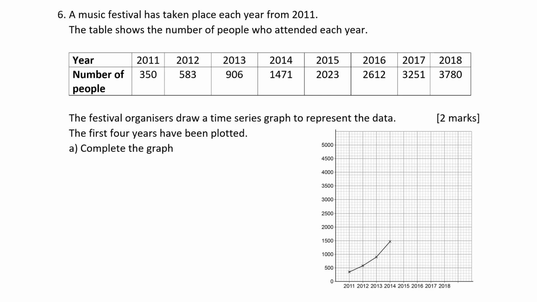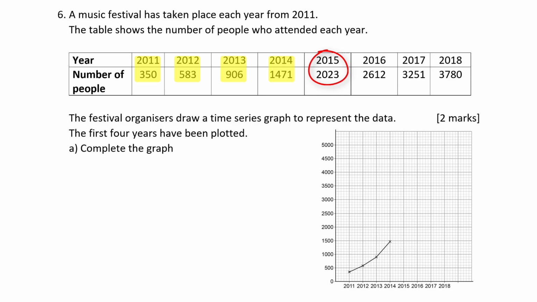Okay, what are the questions? Oh, complete the graph. Okay, so we've got 4 of the points down. So we've done 2011, 12, 13, 14 are all done. So next is to plot 2015 against 2023. Okay, let's have a quick look at our scale. You can see the distance between one big square like that is 500 units, and there are 5 little divisions between.